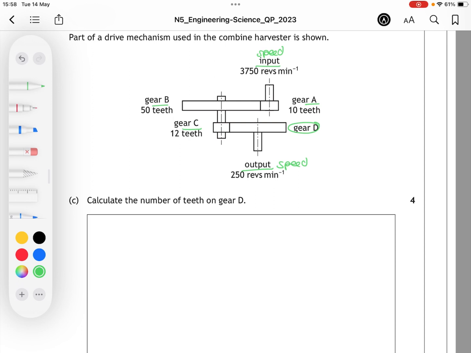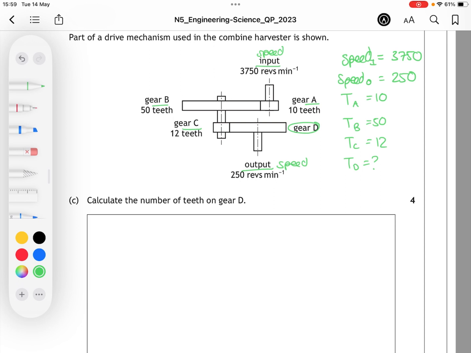So if I say my speed of input is equal to 3,750 revolutions per minute, my speed of output is equal to 250 revolutions per minute, then I've got the teeth of A is 10, the teeth of B is 50, teeth of C is 12, and we don't know the teeth of D. That's what we're trying to find out.